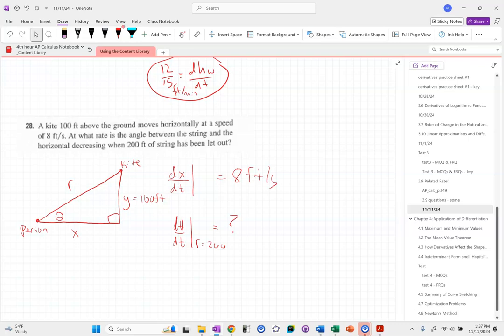All right. So, which equation do you think we want to use for this? I would probably want to include y and r, right?